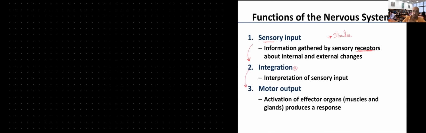So if you touch a hot surface, for example, you've got sensory receptors that will detect that you've touched this hot surface. This information will be sent to your brain and integrated with a lot of things inside your central nervous system. As a result of the integration, you're going to be responding. You're going to be withdrawing your hand, pulling your hand away from this hot surface.